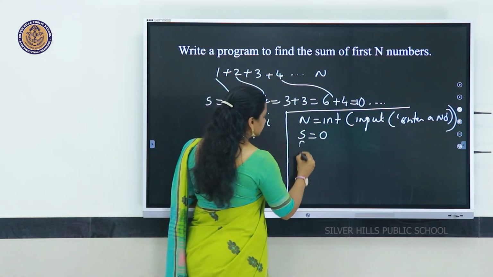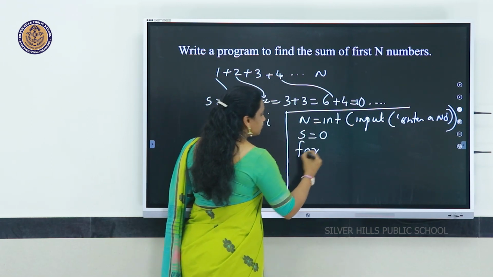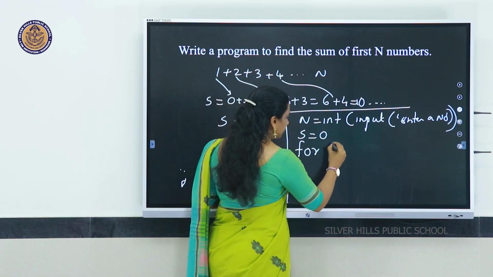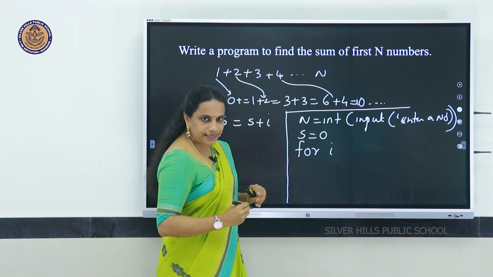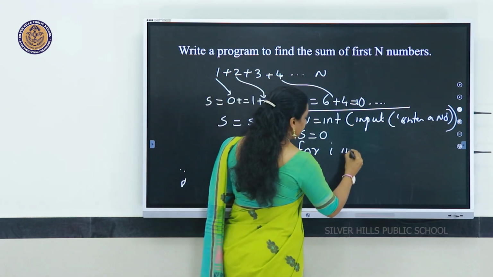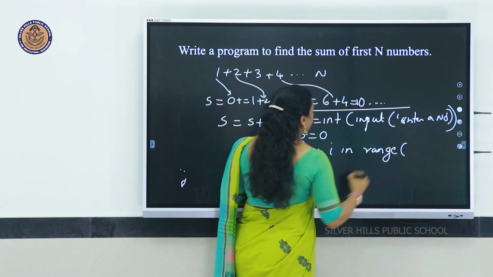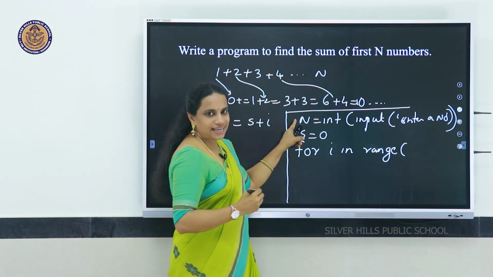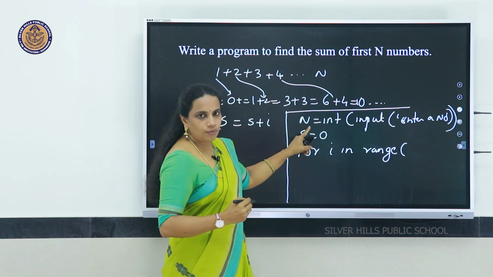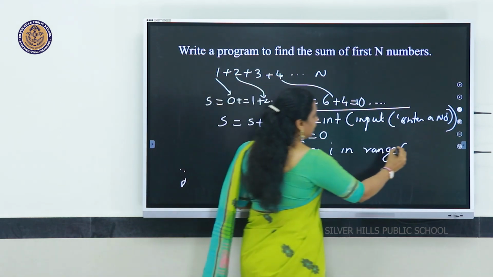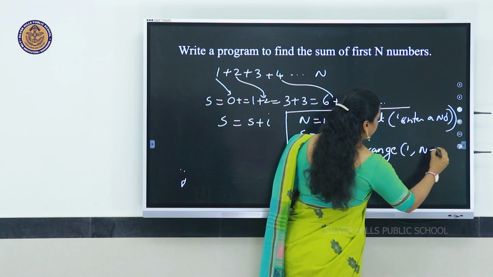Now, you can use a for loop with a control variable, that is I. I in range of, what is the range here? The starting value is 1. Therefore, range of 1 to n plus 1.